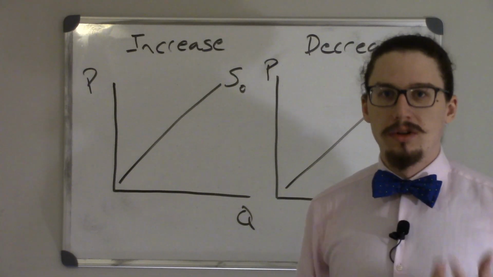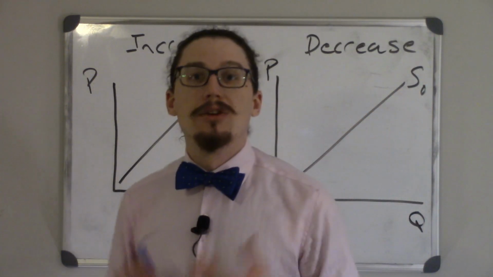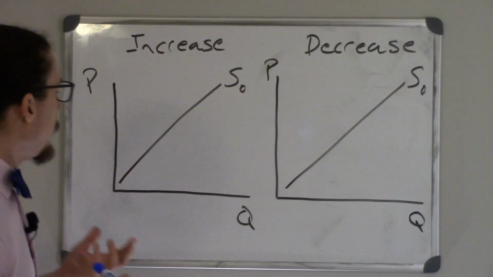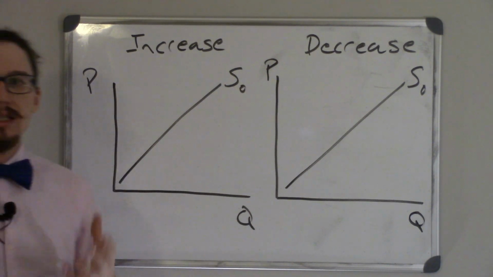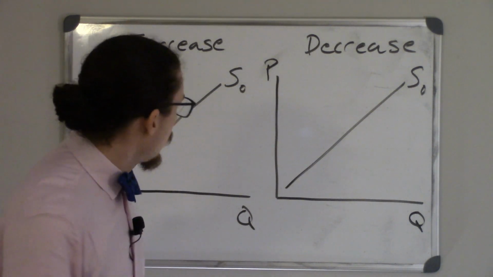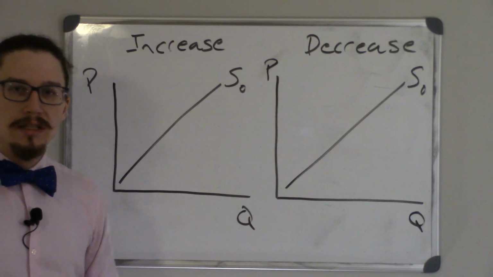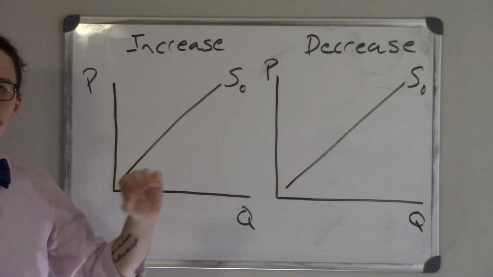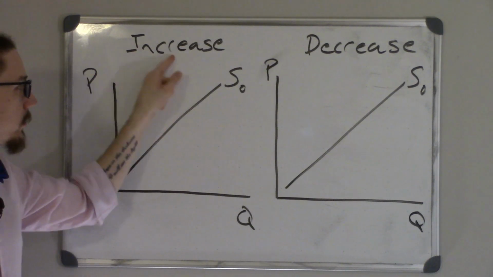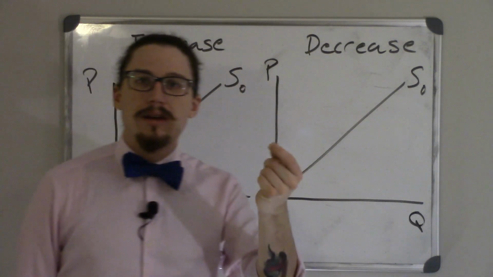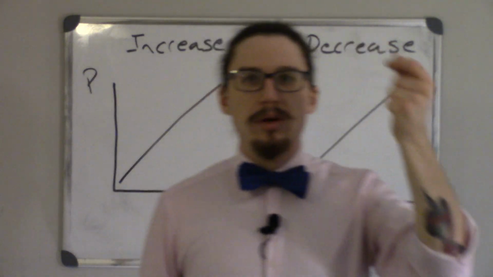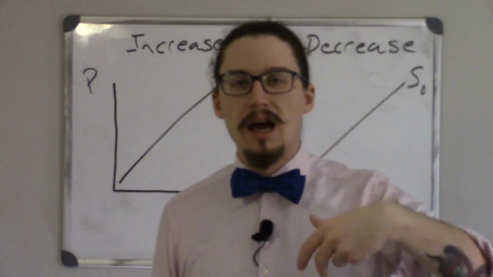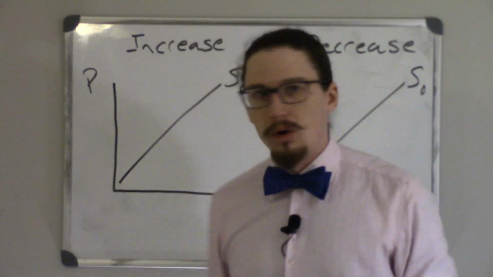So conceptually, we all could probably figure out what an increase or decrease in supply means, but graphically it's a little less clear. When we are increasing supply, one thing that you want to avoid, and this gets a lot of students, is that when we see increase, we associate it with up, so increasing, higher, going up.